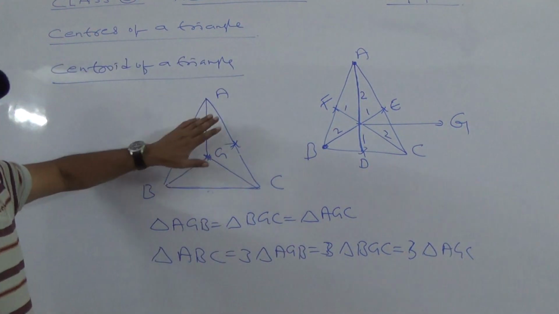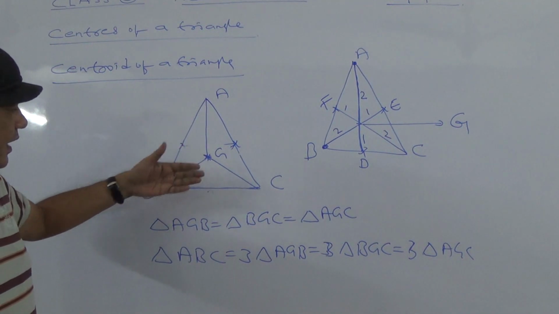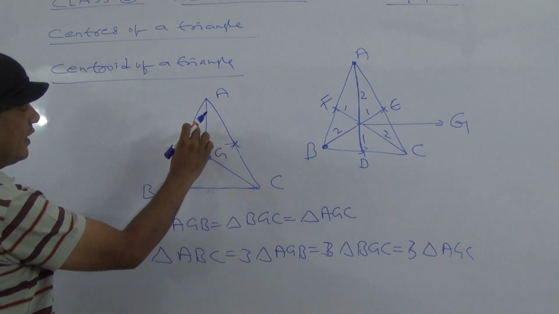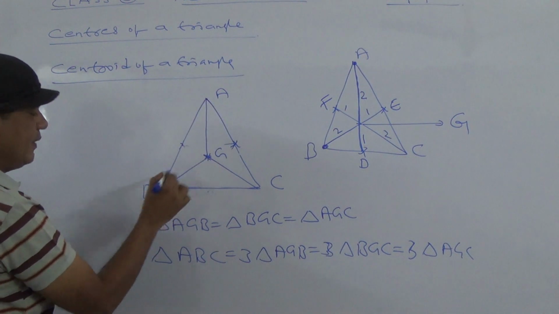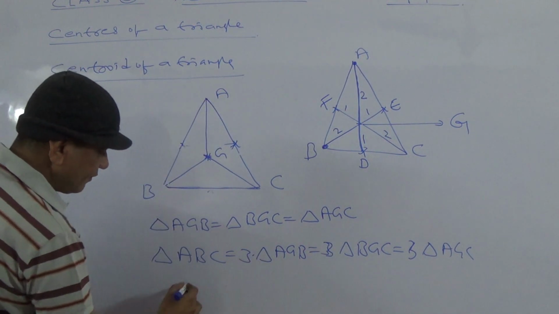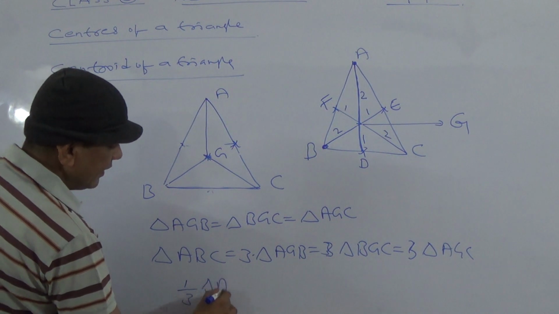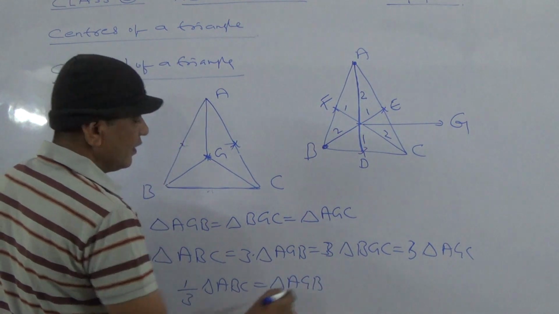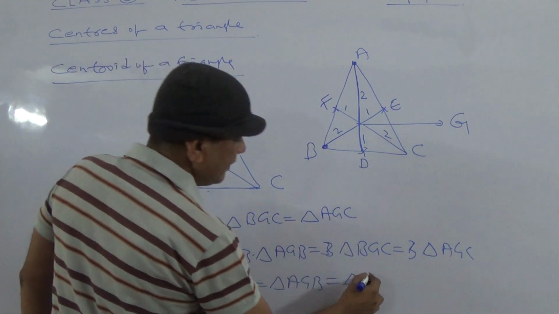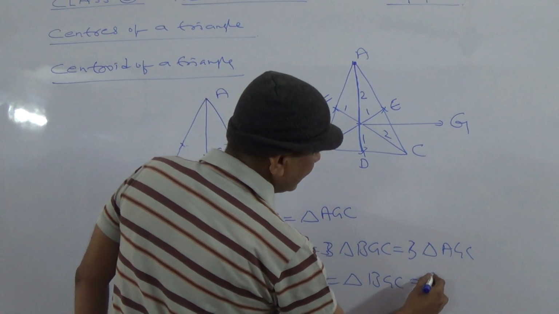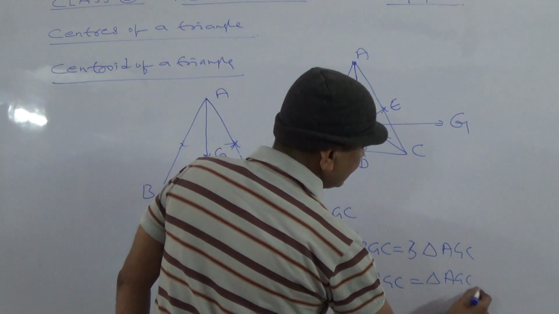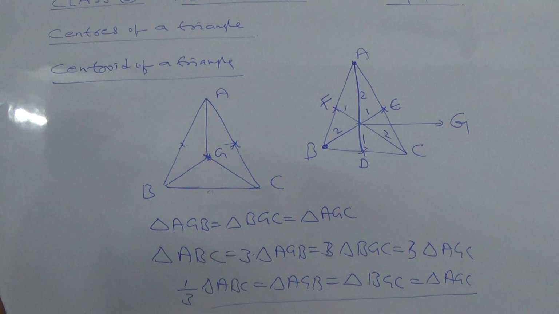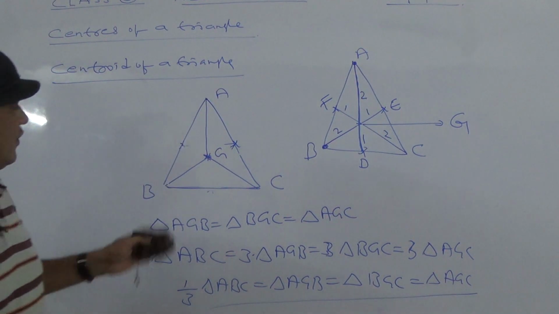Or area of one triangle, area of triangle AGB, is equal to 1/3 of triangle ABC, and so are the areas of triangle BGC and triangle AGC. Now area of one triangle is equal to 1/3 of area of total triangle ABC, if G is the centroid. Okay. Next one.